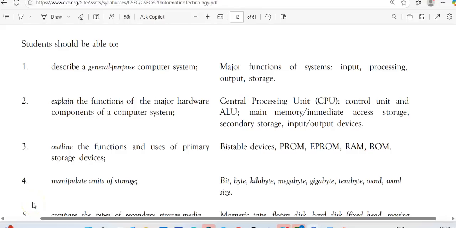Now, some functions of PROM, or programmable read-only memory, are: it is used to store firmware, which is a set of instructions that controls the basic functions of a computer. It can be used to store the bootstrap loader, which is a small program that initiates the computer's memory and loads the operating system.